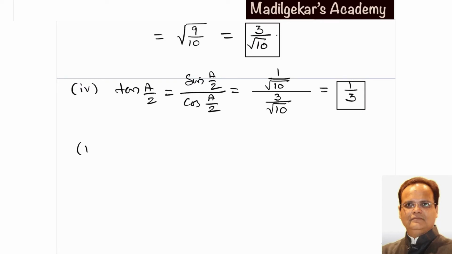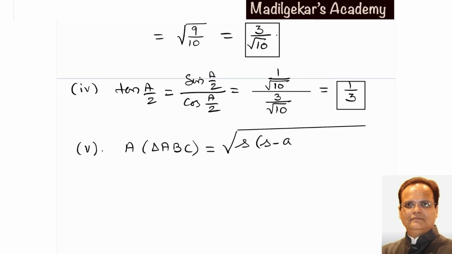Next is to determine the area of triangle ABC. Recall Heron's formula. It is square root of S into S minus A, S minus B, S minus C. Substitute all the values.